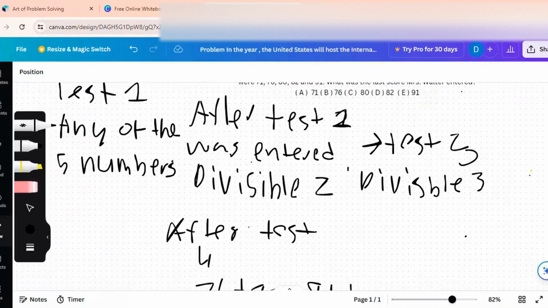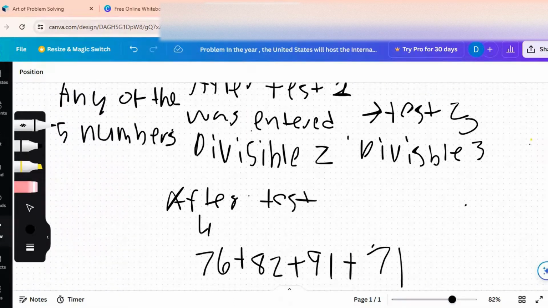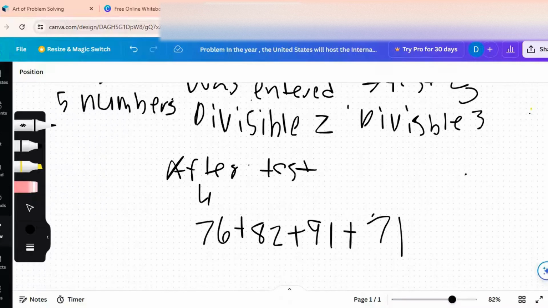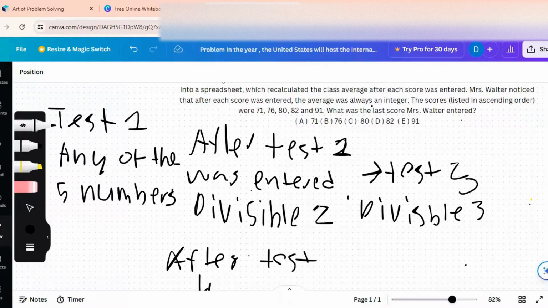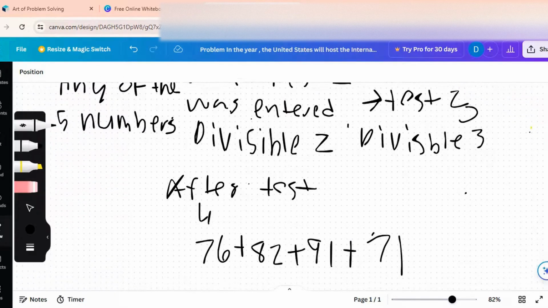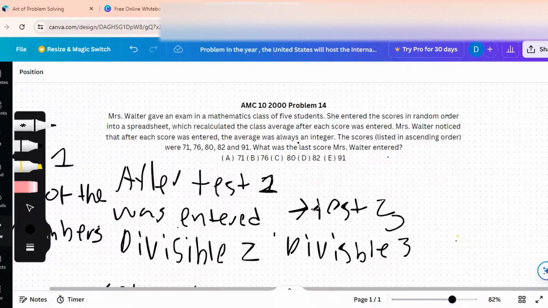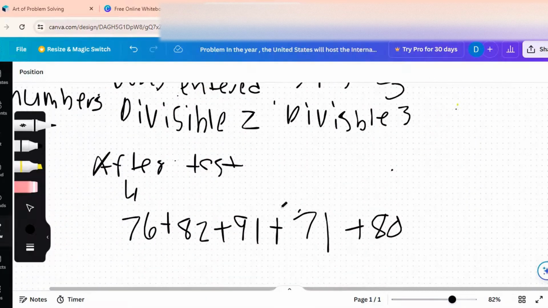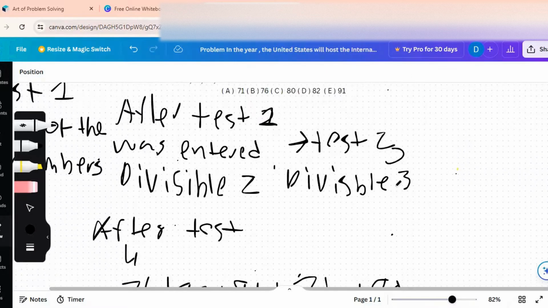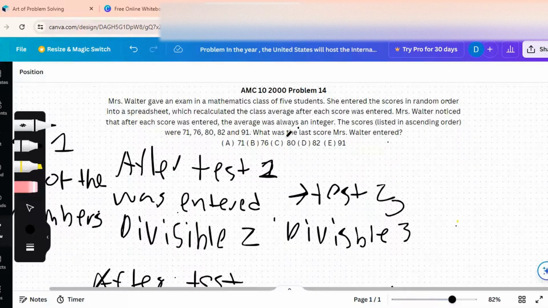And then after that, we also have 71, because that's the only number added that can make the sum divisible by 4. So that means the last one remaining can only be 80, because that is the only number left. So the answer is C.